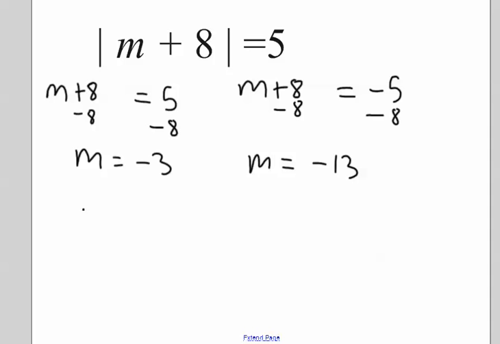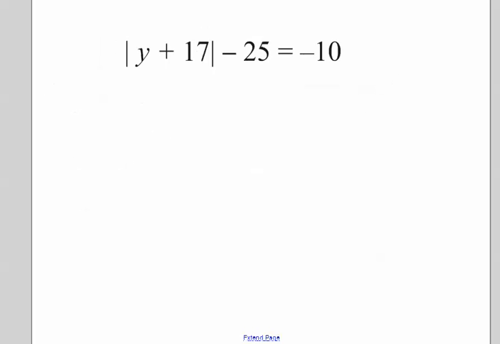So those are my two answers. Looking at another one, this one you have the absolute value of y plus 17, minus 25, equals negative 10. What you want to do is make sure that you isolate the absolute value. So the first thing I'm going to do is add 25. Now I've got the absolute value of y plus 17 is equal to positive 15. Then again I say, what's my distance from zero?